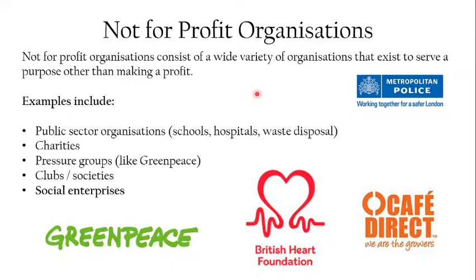A state school has labour, it's got teachers, it's got capital like desks and chairs and IT equipment and PE equipment. It's got the land that it's built on, and it's got the senior leadership team in form of enterprise to organise that school's resources to provide a service, which is education.